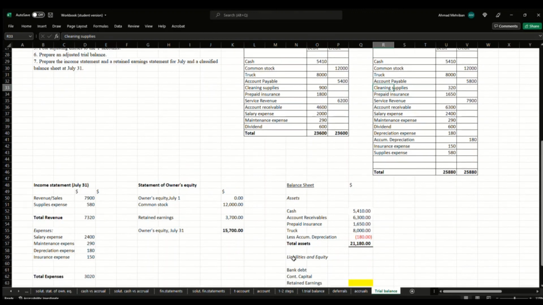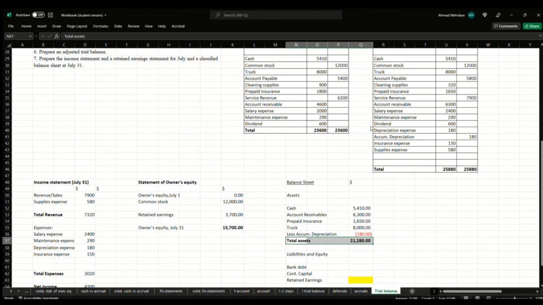Cleaning supplies we have, so I have to record that as well. That's also assets, and we still have them. The remaining 320, I add them up.